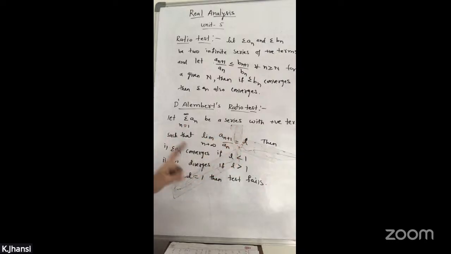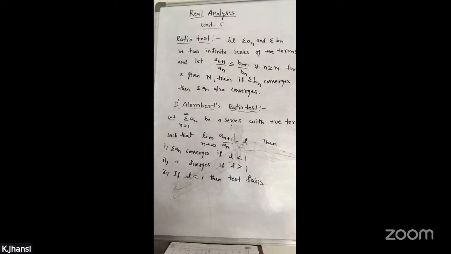If that X or L value is less than 1, then summation an converges. If it is greater than 1, then summation an diverges. And if L equals 1, then the test fails. Okay, on this we'll see the example problem, how to solve the given problem with the help of D'Alembert's ratio test.